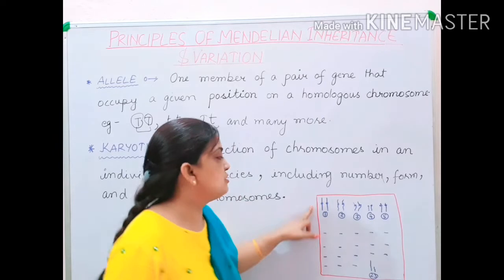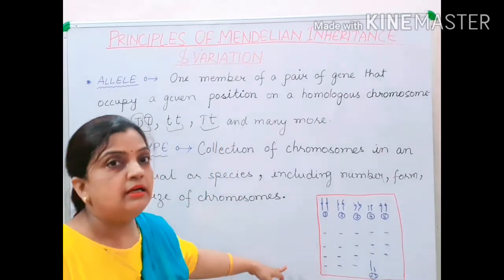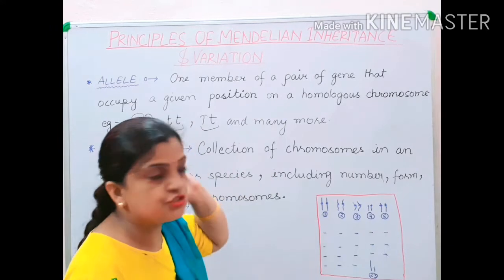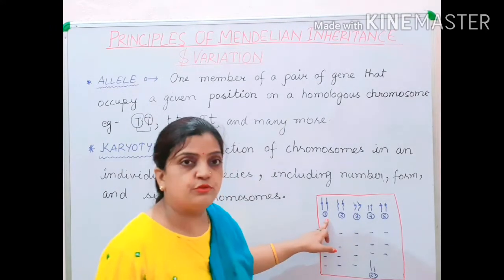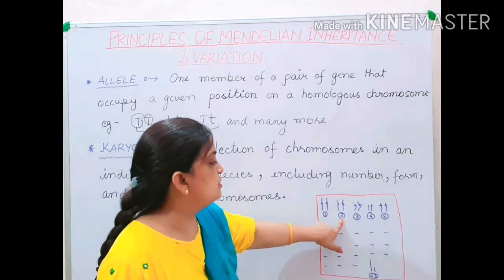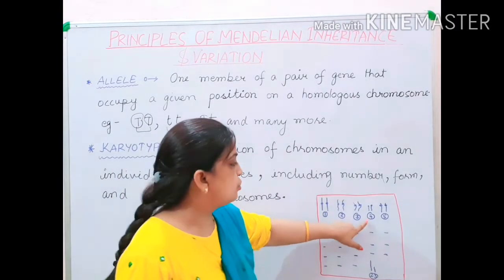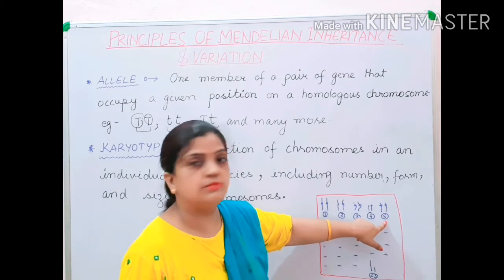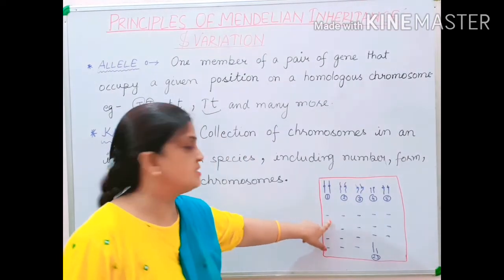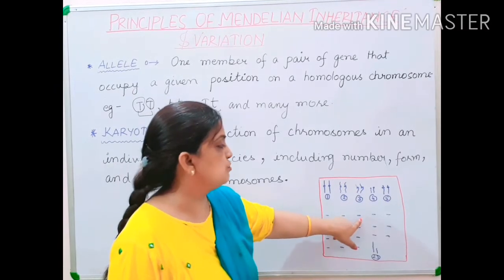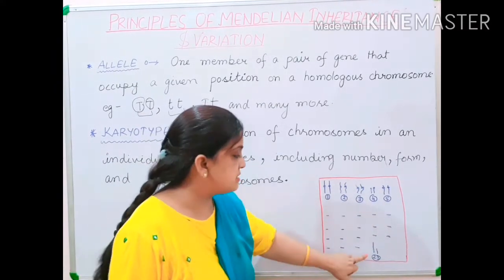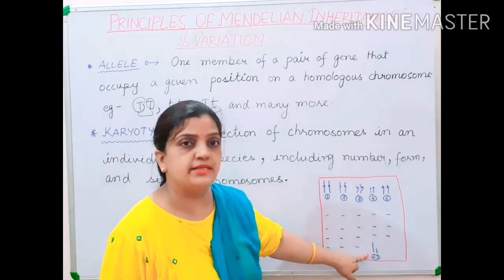Now this is a photomicrograph of the chromosome collection, where I have tried to show the different types of chromosomes. This is chromosome number 1, 2, 3, 4 and 5. Now this is chromosome number 6, 7, 8, 9, 10 and so on, and at last chromosome number 23.